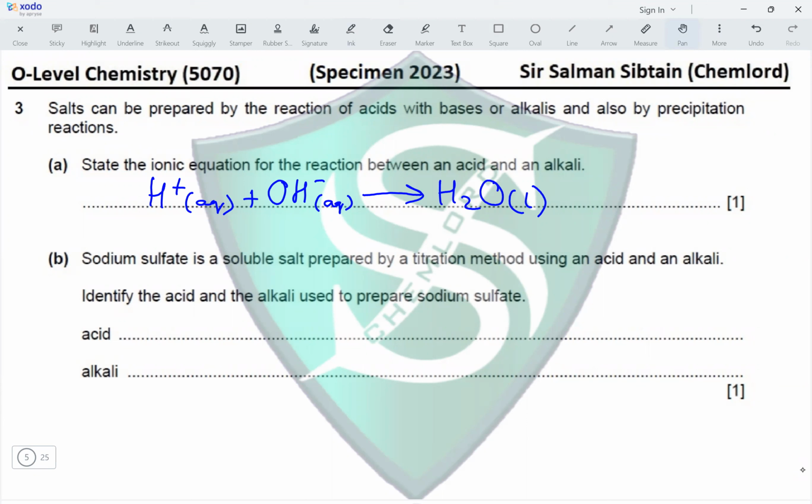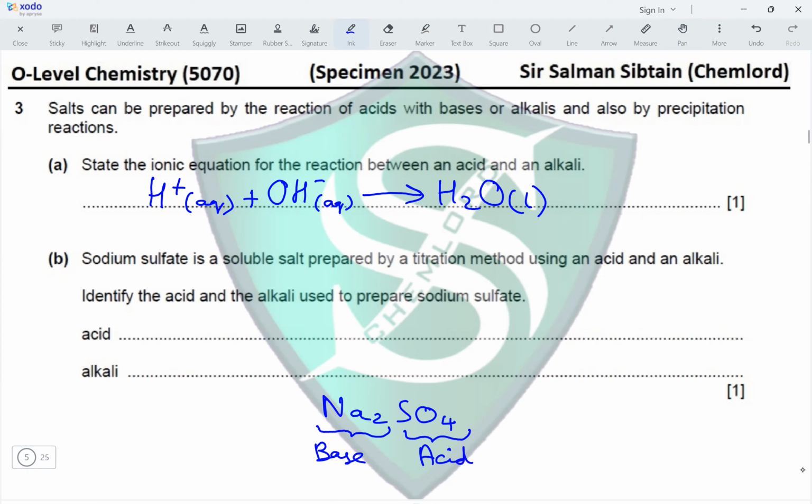Part B. Sodium sulfate is a soluble salt prepared by a titration method using an acid and an alkali. Identify the acid and the alkali used to prepare sodium sulfate. So we need to recall that in a salt, the cation portion comes from the base, while the anion portion comes from the acid.